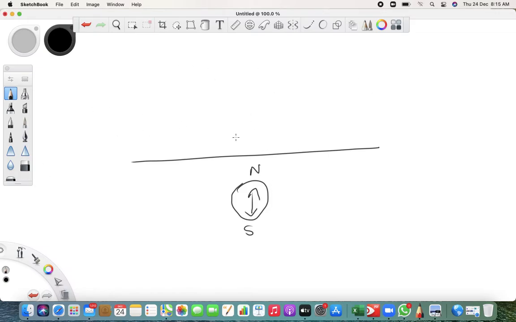But when current passes through this wire, the needle started getting deflected like this. So this infers that a current carrying wire produces a magnetic field.